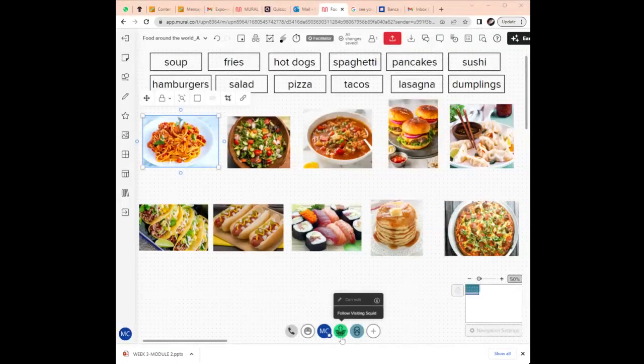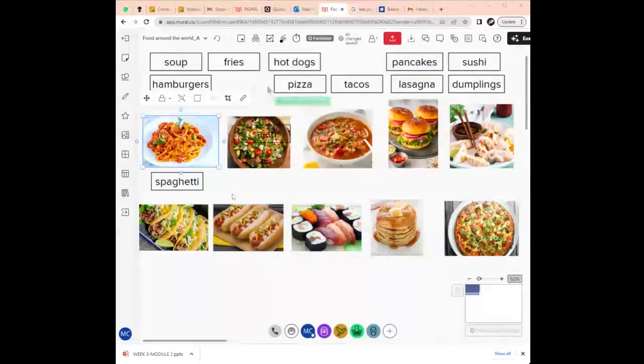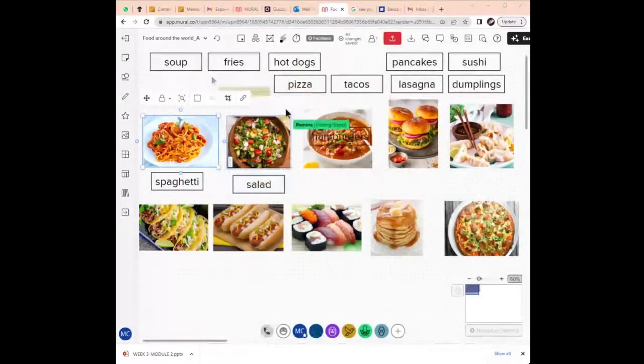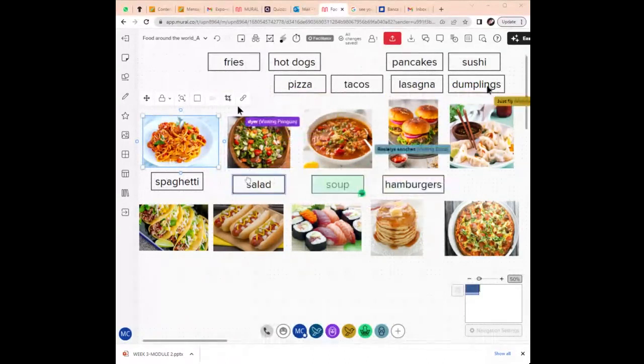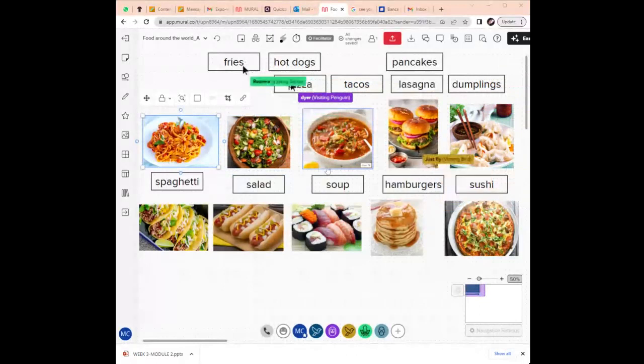Okay, there are some people here. Okay, Rumin is here. Write your name. Very good. The first one is spaghetti. Correct. Continue. Just salad. Write your names, please. Dyer is also in there. Soup. Perfect.